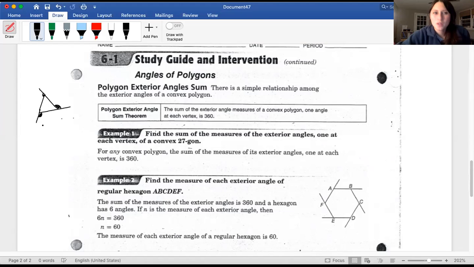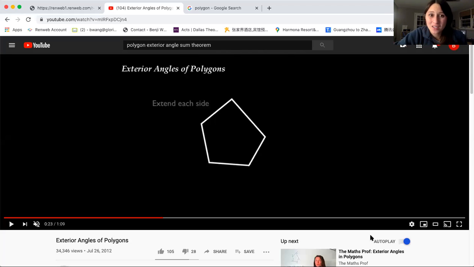And so I want to show you this little video that basically talks about what we see. There's a pattern that we see about the exterior angles of a polygon, no matter how many sides this shape has.